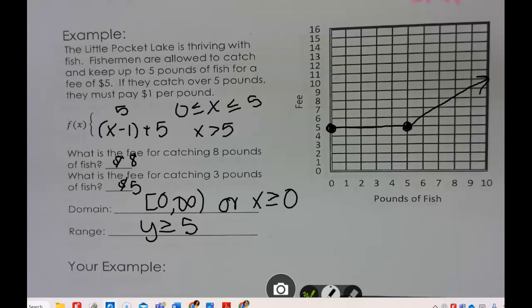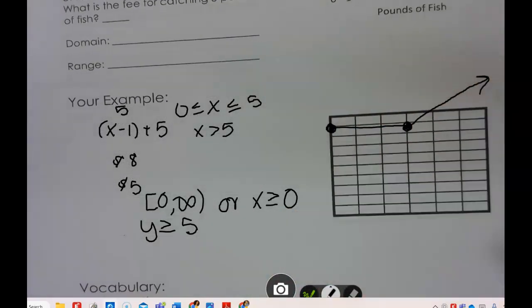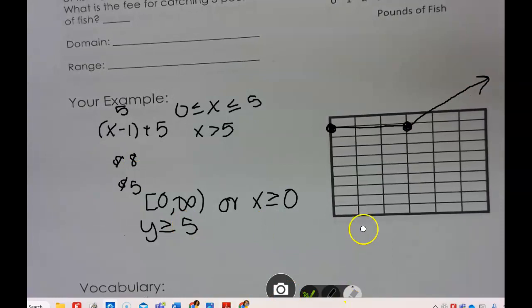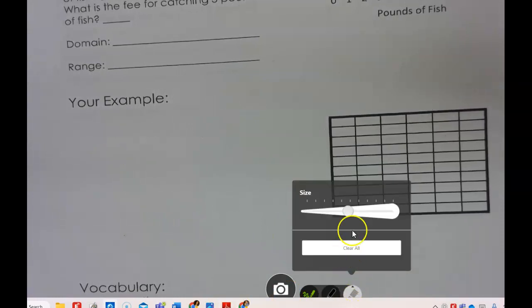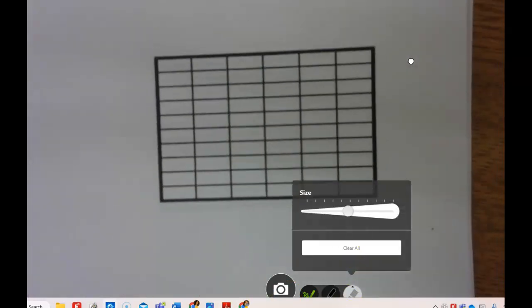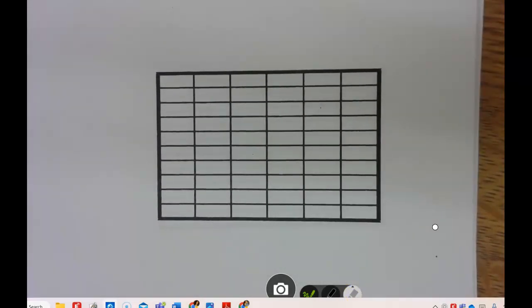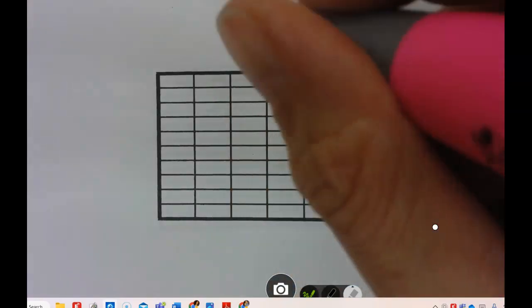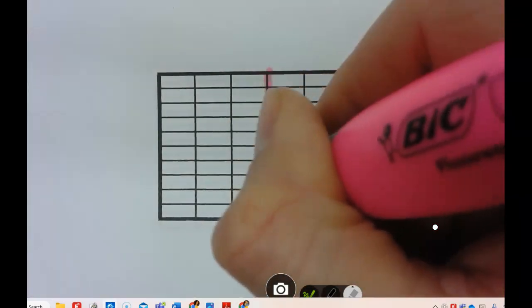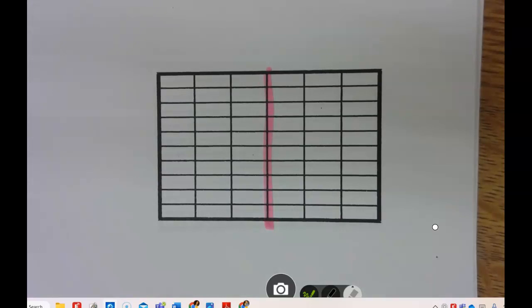Okay. So let's look at the bottom for the next example that we are going to create on our own. So what I want to do is create an example with you. In the middle of that graph, draw in a solid line to cut the graph in half.